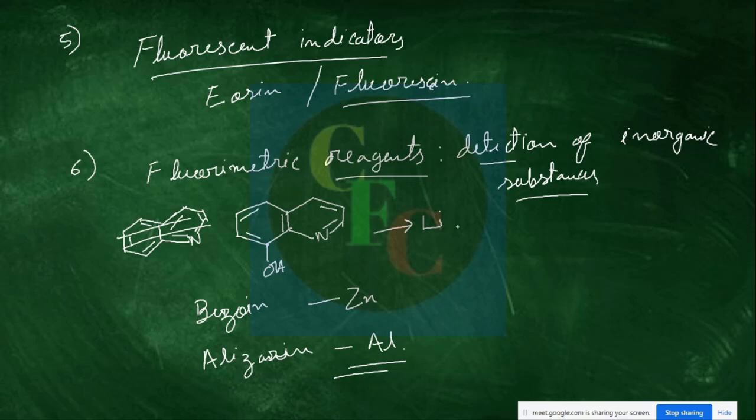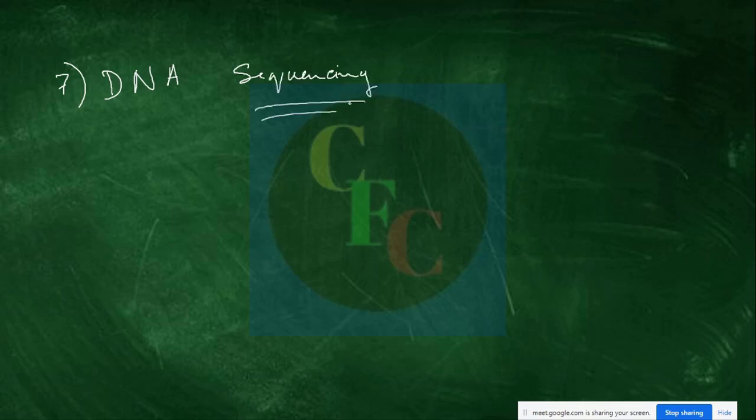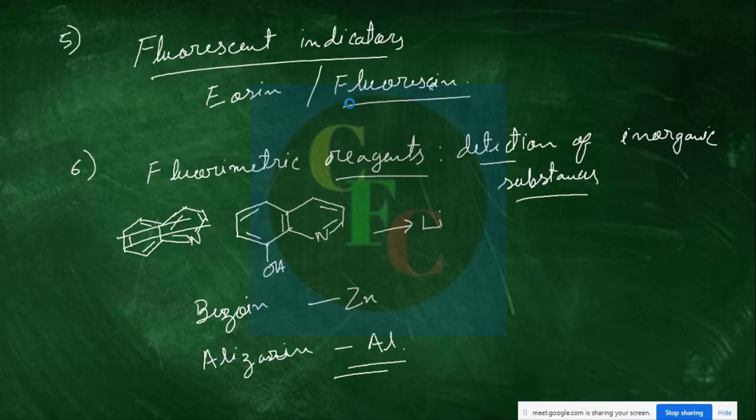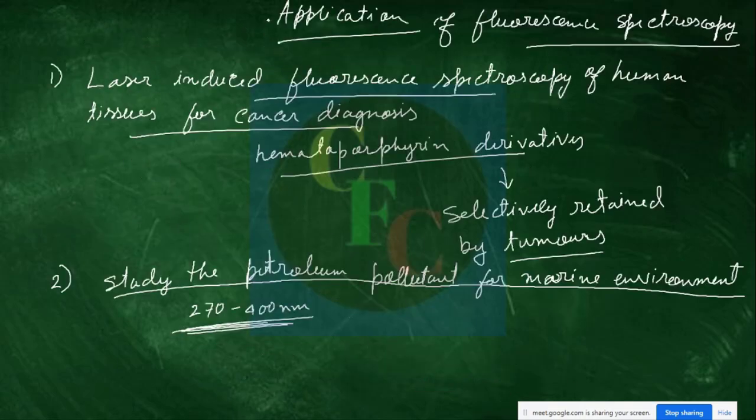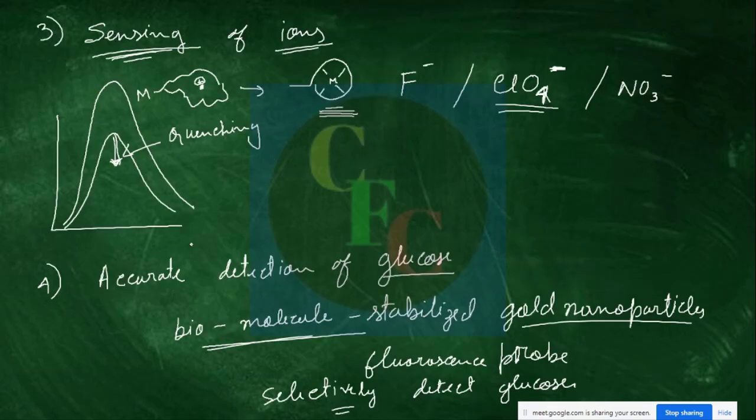Lastly, I just mentioned that they are also used for DNA sequencing. We will not go into details of each of them. A few of the applications are laser induced fluorescence spectroscopy for detection of cancer, study of petroleum pollutant for marine environment, sensing of ions, both anions and cations.